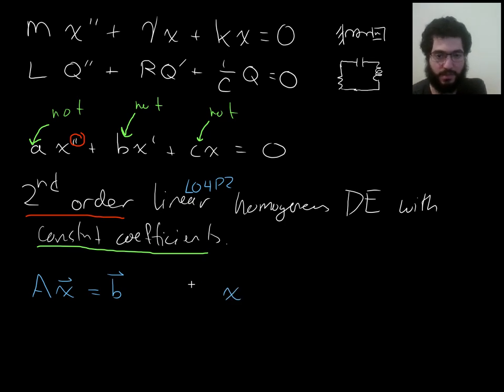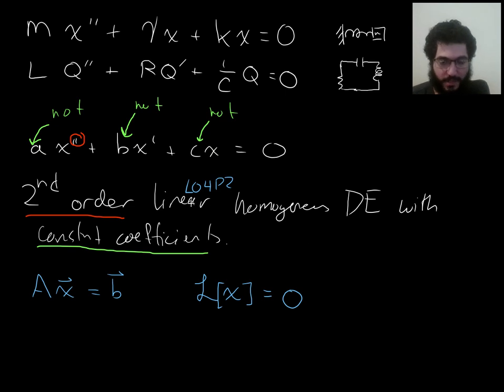They are living in a certain vector space. And what's playing the role of matrix is a differential operator, which I'm going to write down. The right-hand side is going to be also some function. In this case, I'm going to put 0 on the right-hand side to match up with this 0.